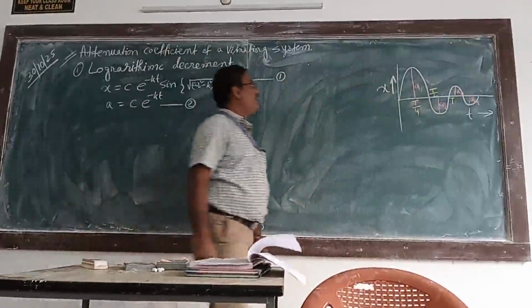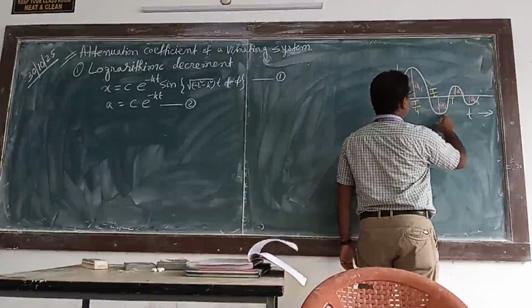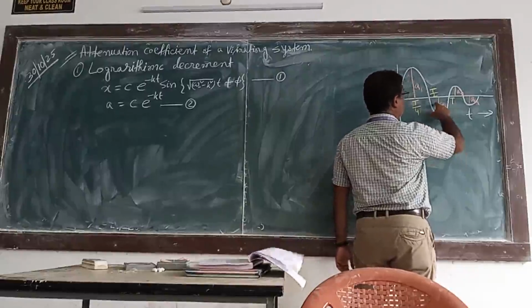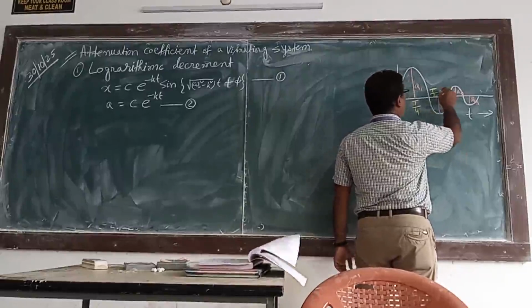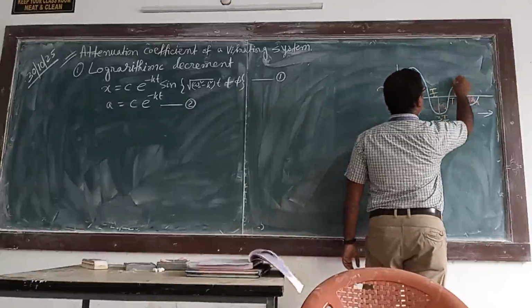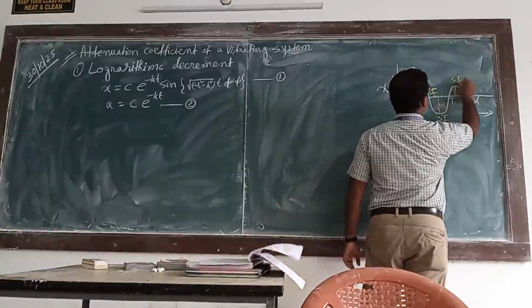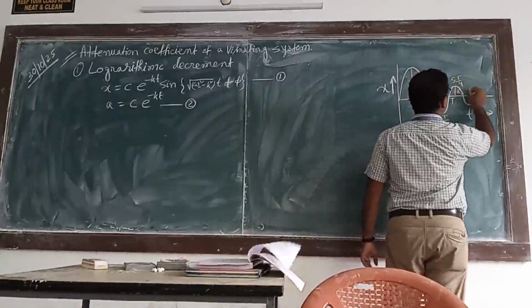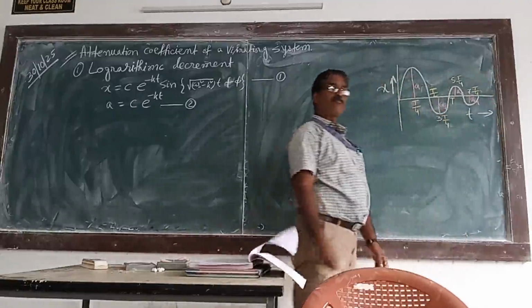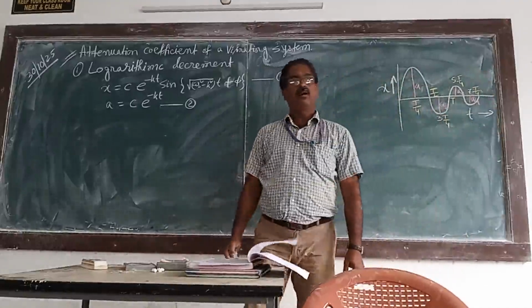And after that, 3T by 4, then 5T by 4, and this is at 7T by 4, like that. Okay, very good.